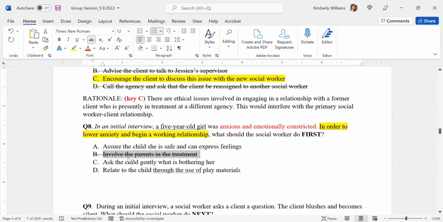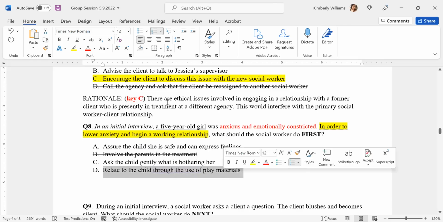Okay. What about C, ask the child gently what is bothering her? I'll say pause. And what about D? Relate to the child through the use of play materials. Scratch. Okay. Why are we scratching?